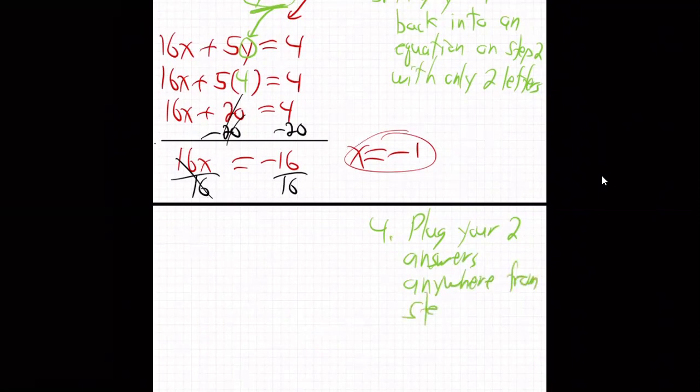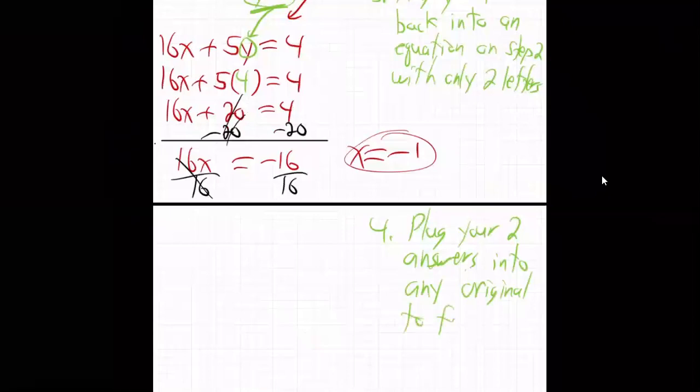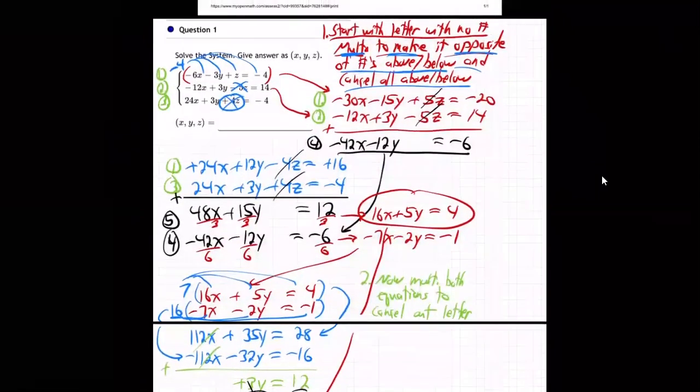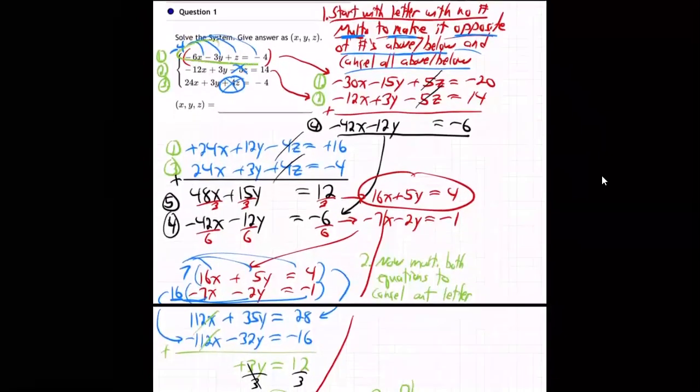Plug your 2 answers into any original to find the third answer. So we just go back to any one of the originals. It doesn't matter which one. I'll just grab the first one.